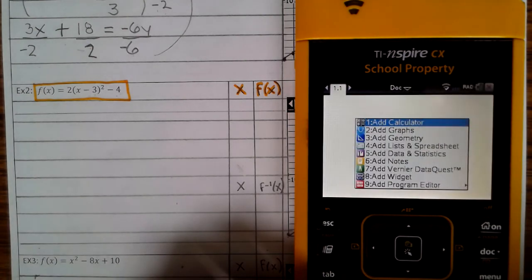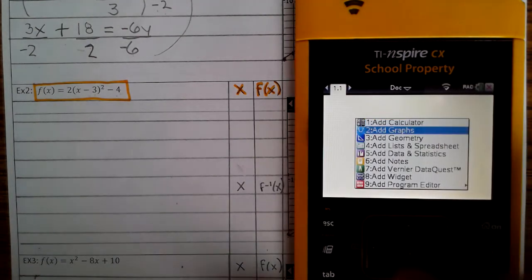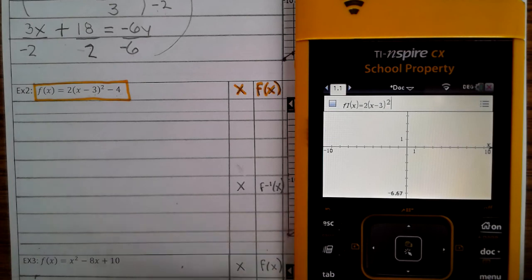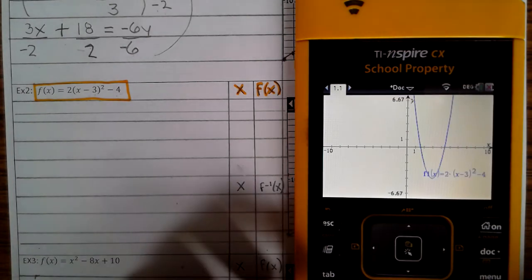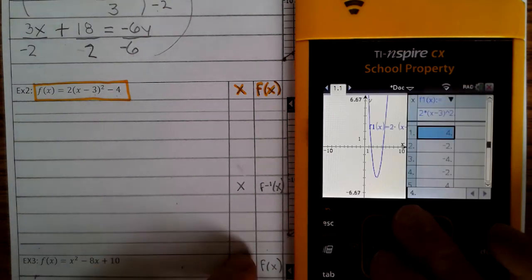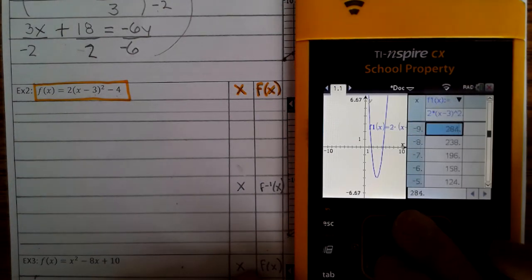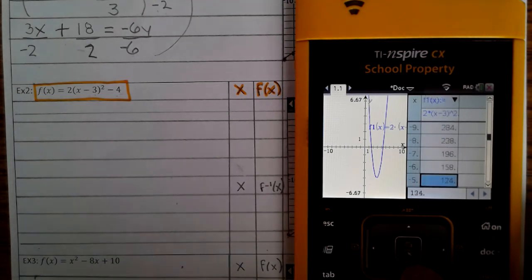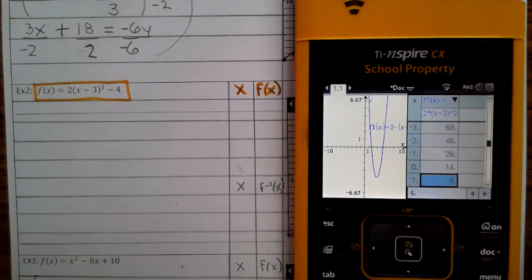Now, 2 parentheses x minus 3 squared minus 4. Okay. I'm going to press Control T, and because the graph starts at -10, we're going to start with x is -10. Okay. And I'm going to use points, the first point that I can use on the graph. So 1, 4. Okay. Looks like that is the first point we can use.